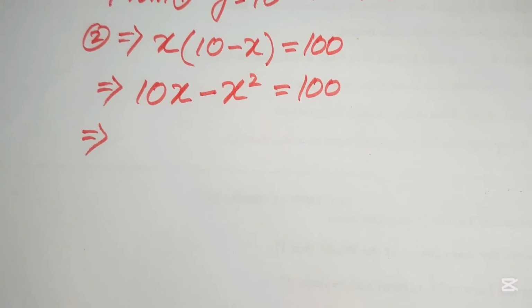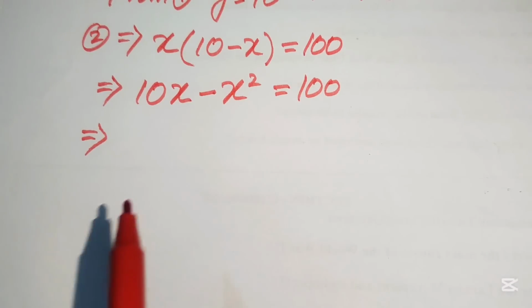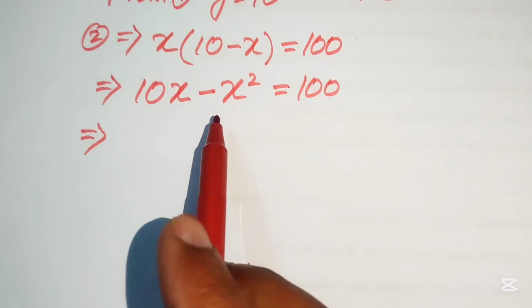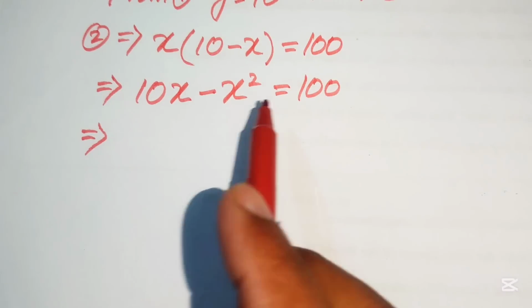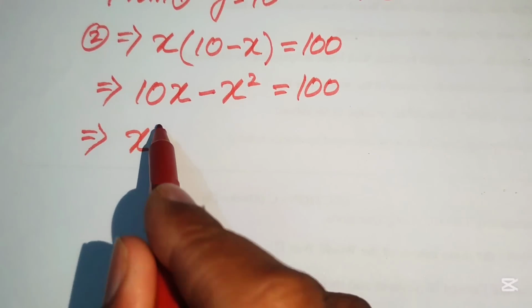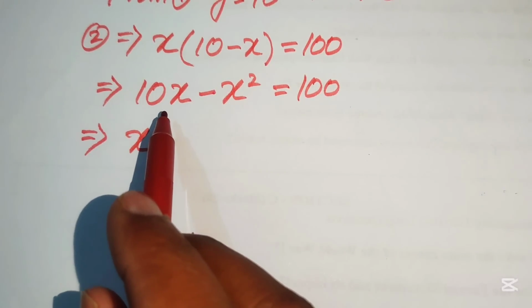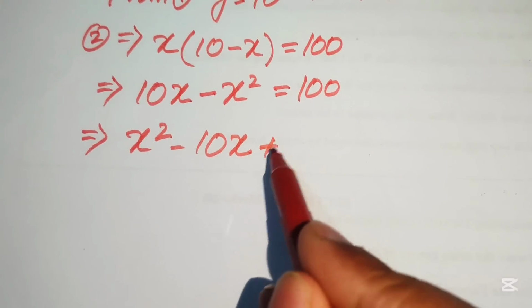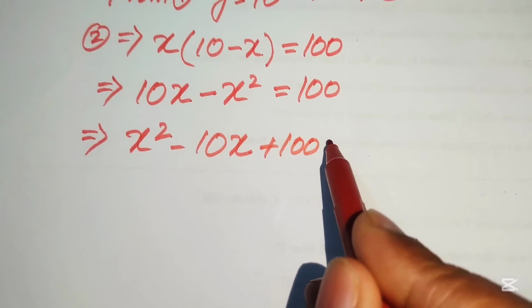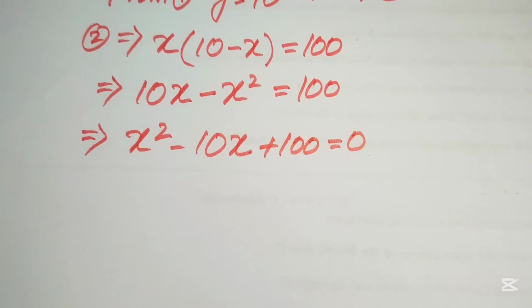So first we convert this into the standard form, so we need to move these two terms to the right hand side. When you move this minus x square to the right hand side, it becomes plus x square. This plus 10x becomes minus 10x, and this 100 is already on the right hand side, it becomes plus 100, and this whole equals 0.